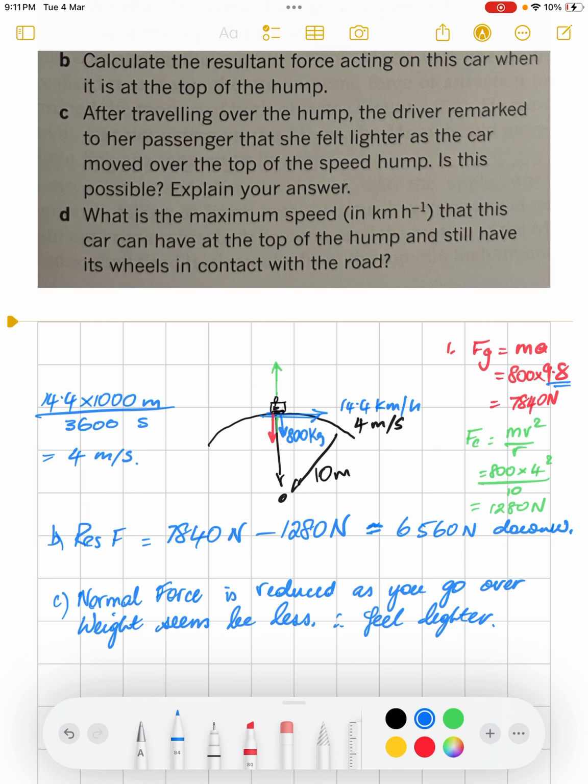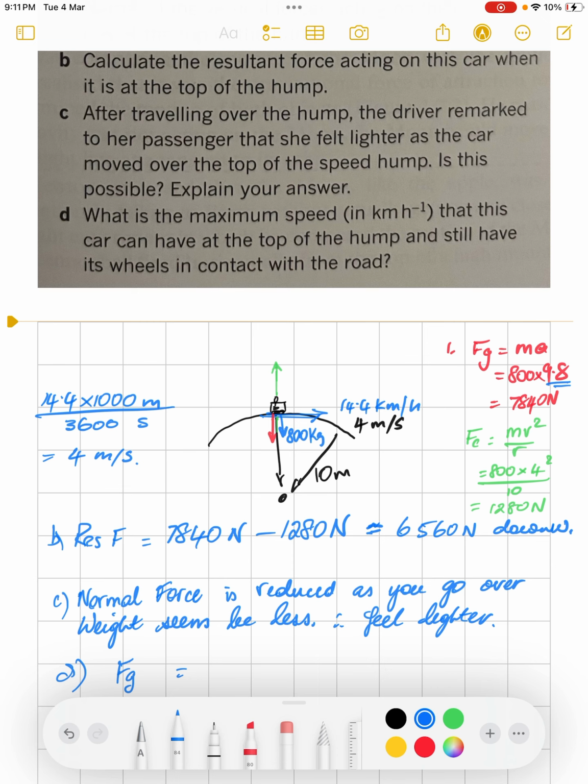And part D is similar to this question. What is the maximum speed that this car can have at the top of the hump and still have its wheels in contact? Well, if it goes any faster, the car's going to lift off the road. So what we're dealing with here is a point where your gravitational force matches the normal force of the road on the car.